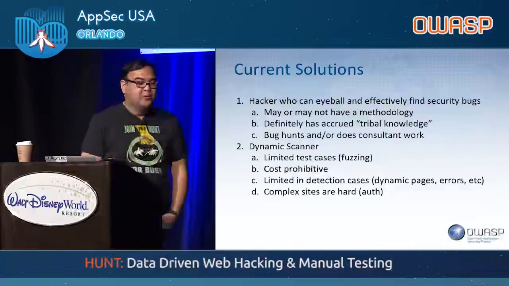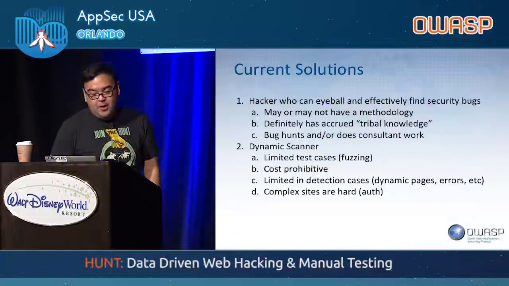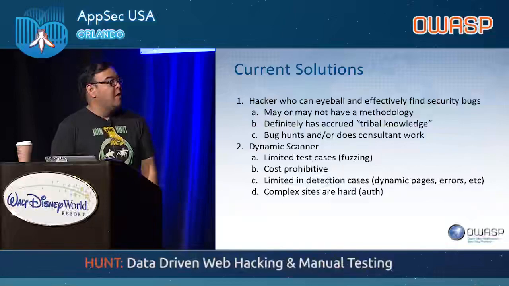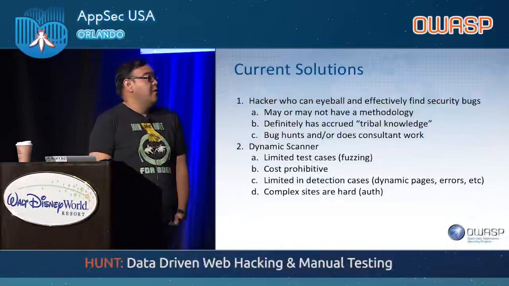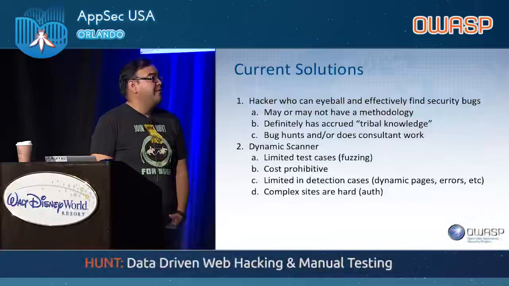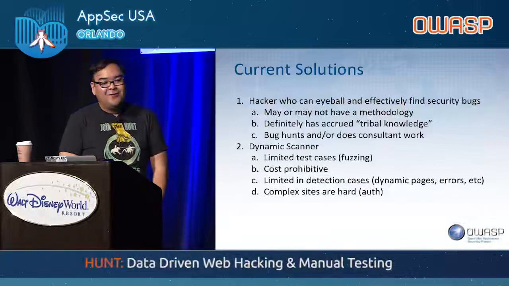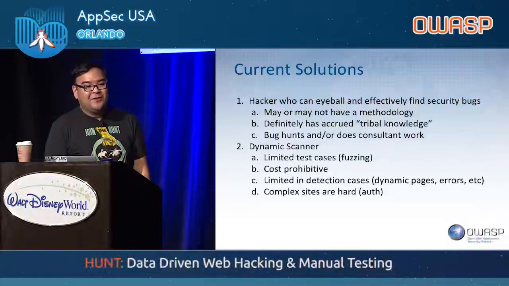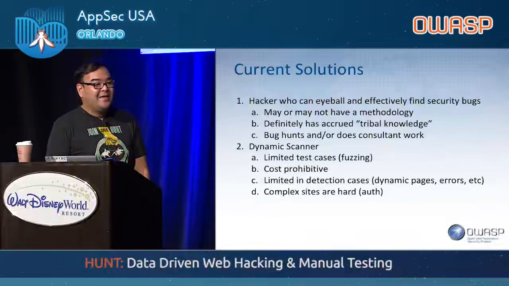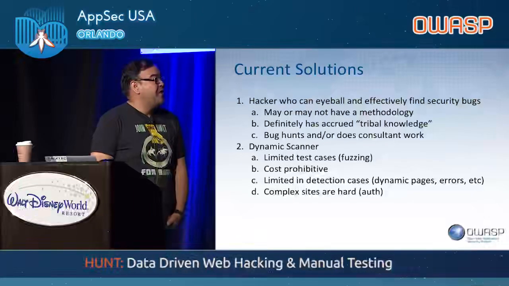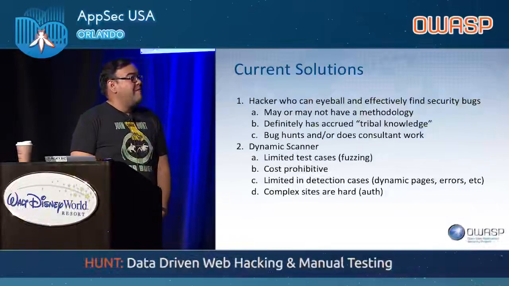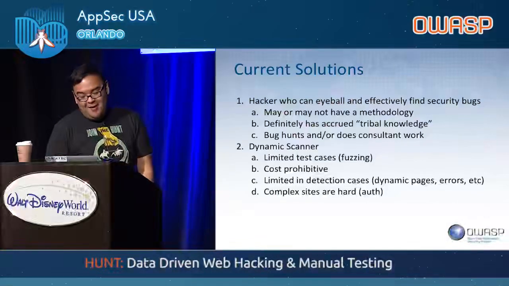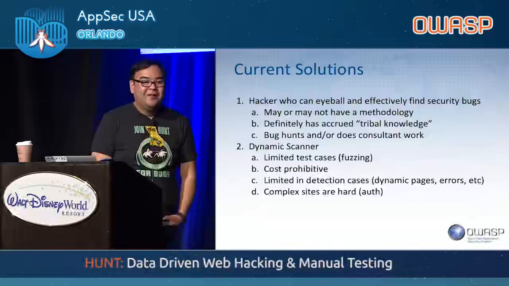So what are the current solutions for those problems today? Number one, hackers who can eyeball and effectively find security bugs. I don't need to tell you guys that there is a severe shortage in finding a good pen tester. I'm preaching to the crowd here. They may or may not have a methodology. It could be some kind of YOLO swag god, and you just go at an application and find vulnerabilities and not use a methodology.